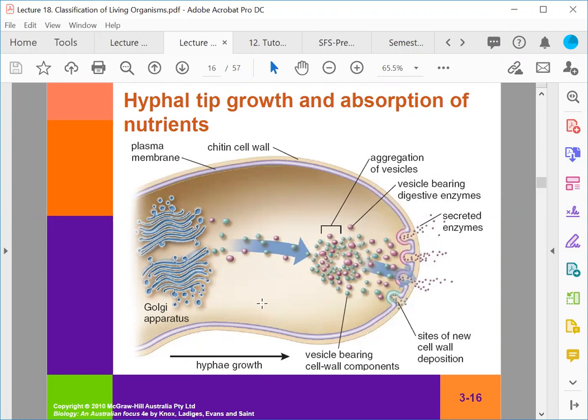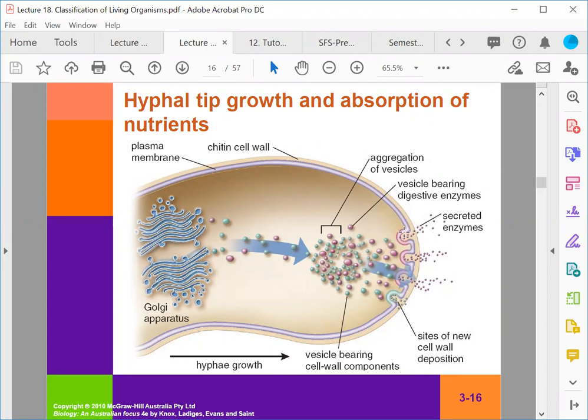It's growing here. From the Golgi apparatus, we can see all these vesicles that are budding off. And there are 2 types of vesicles that are shown here. So in purple, we have the vesicles that are carrying digestive enzymes. These enzymes are actually secreted from the hypha, and the enzymes will break down any substances found outside, and then those nutrients can be taken up by the fungi.